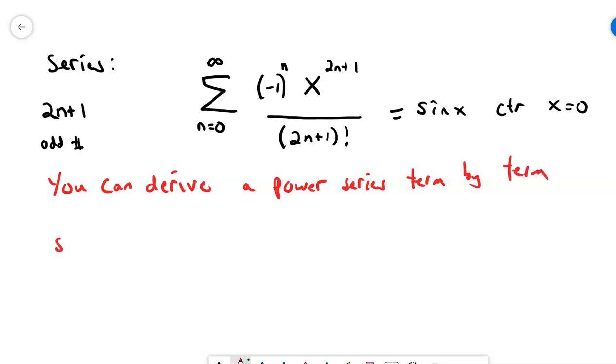So start with the sine of x as x minus x to the 3rd over 3 factorial plus x to the 5th over 5 factorial minus x to the 7th over 7 factorial. Oh, sorry, that should be a minus.